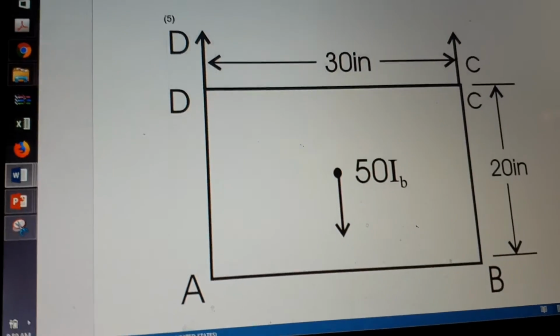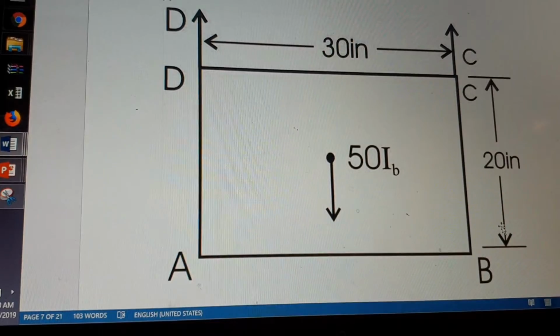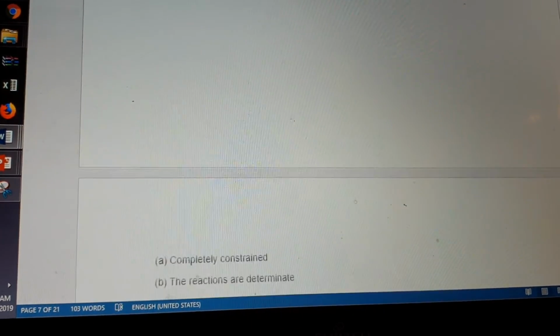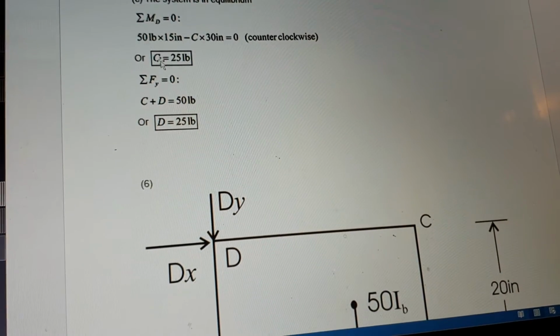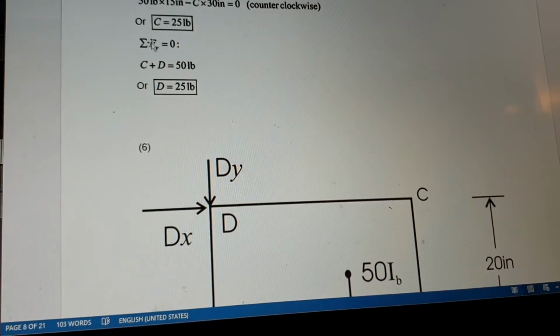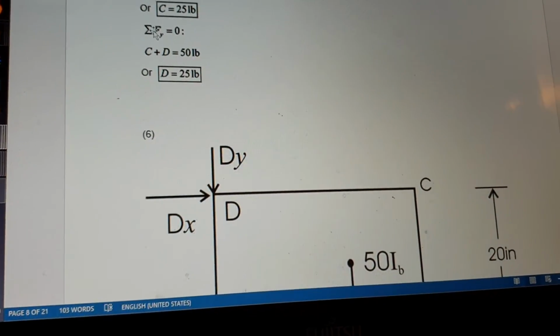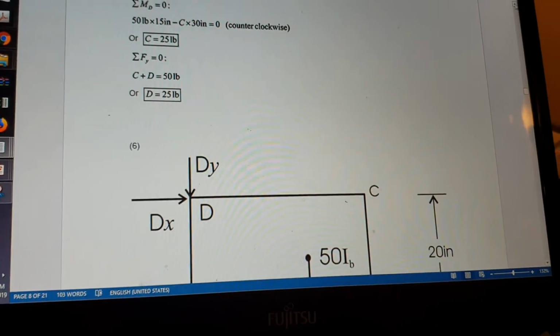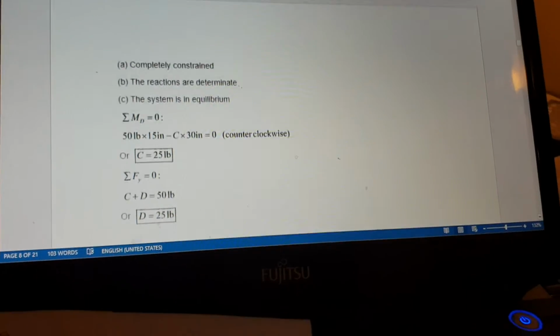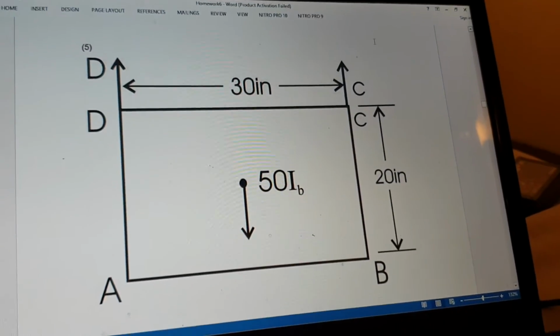And you could find D, the tension. So summation of moment at D, you could find C is equal to 25, and summation of forces in the y equal to 0, C plus D equal to 50.